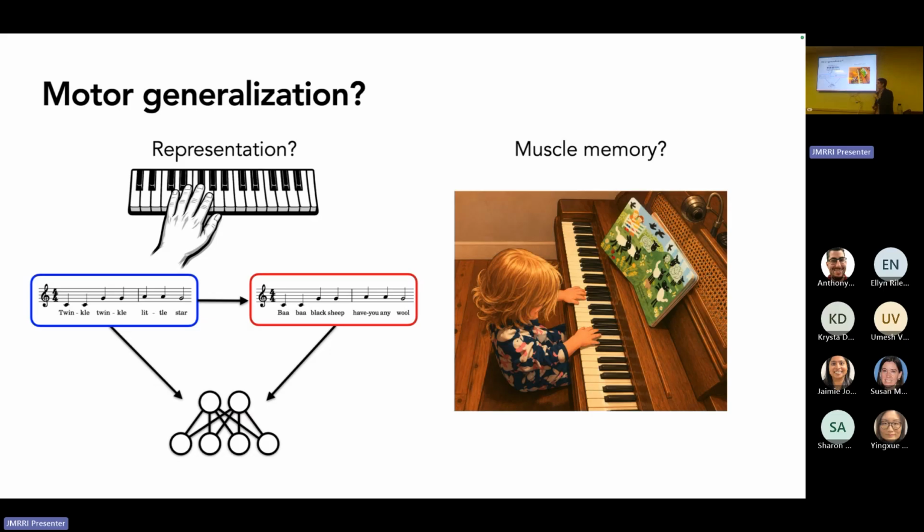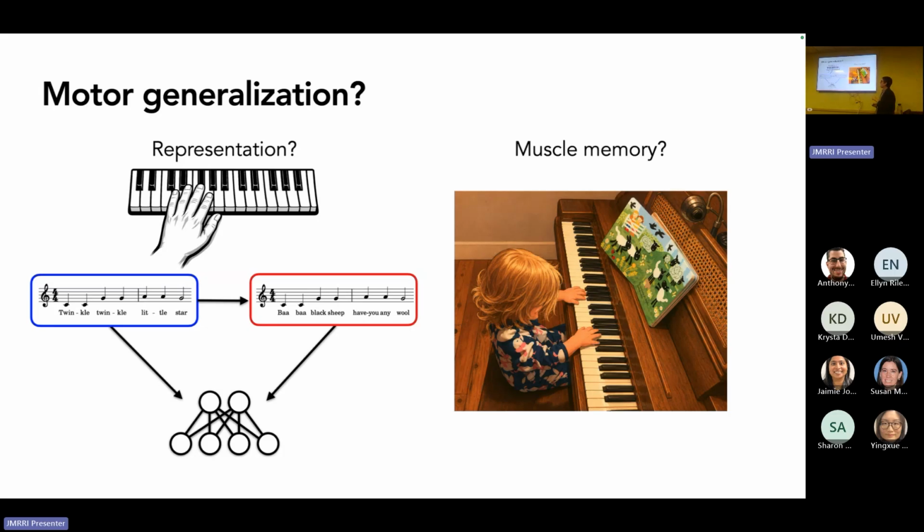They have some kind of game that's like playing the piano, where you would learn some melody, Twinkle Twinkle Little Star, have some kind of neural network representation, and then see if it transfers into Baa Baa Black Sheep. Now, if it's in the motor domain, in the sequence, then there would be 100% transfer. If it's in some kind of higher, more psychological or inferential space, then it may not transfer. And you can think about this.